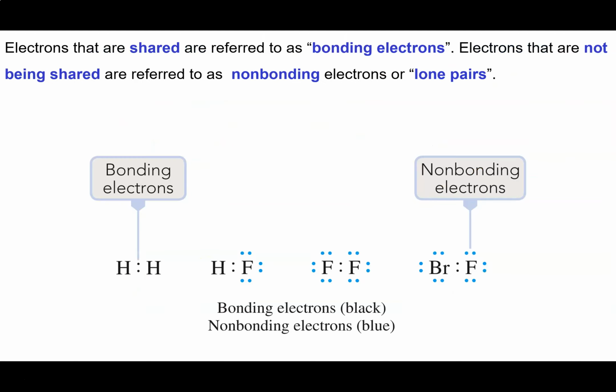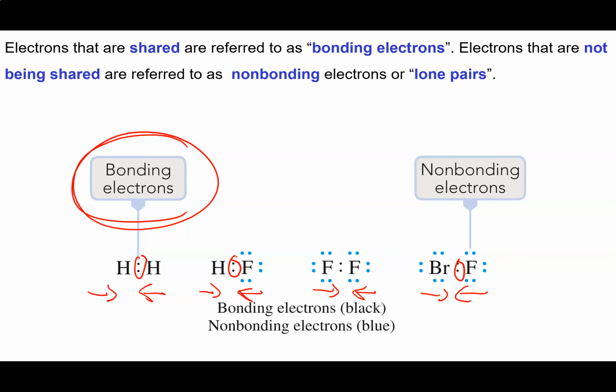As I pointed out, only some of the electrons are actually helping hold the atoms together. Those that are being shared are the ones that help hold the atoms together. They're the ones that the nucleus of each atom feels an inwards tug towards. Because these are the electrons that are helping hold the atoms together, we call those guys the bonding electrons.